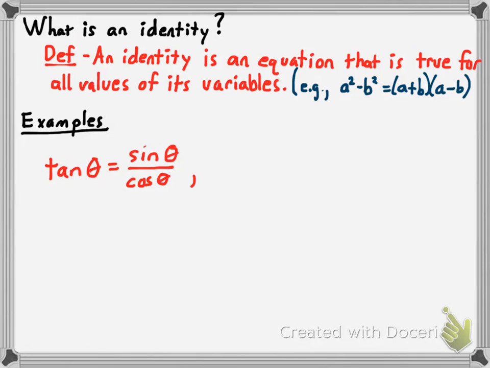Now, here's an example of where I'm saying an identity is true for all values of its variables where the function is defined. We can't let cosine of theta be equal to 0 here because then you'd have an undefined tangent value, right? But as long as the cosine of theta is not equal to 0, you can always divide the sine of an angle by the cosine of an angle to figure out its tangent.